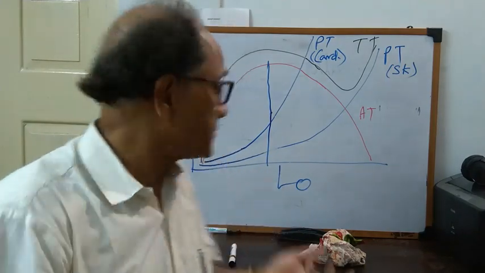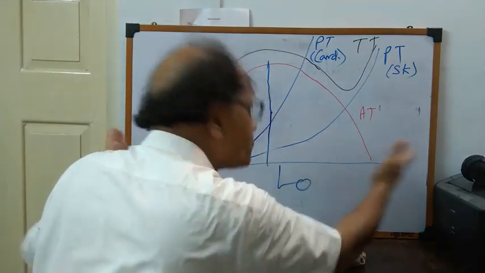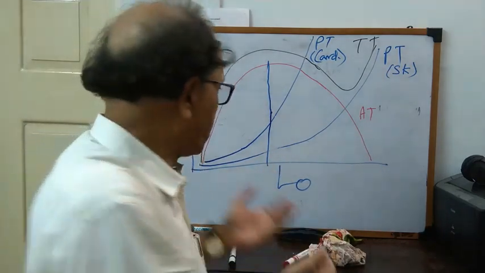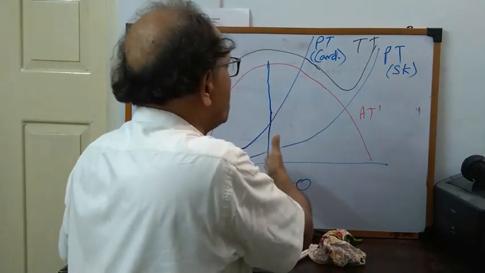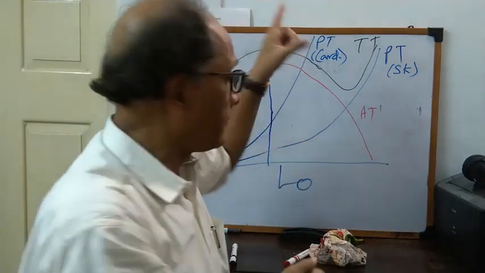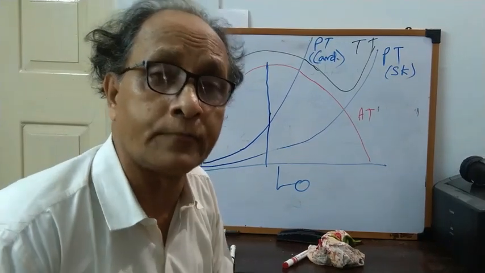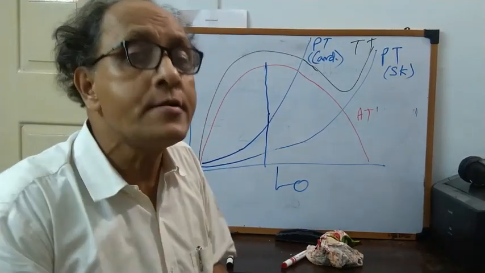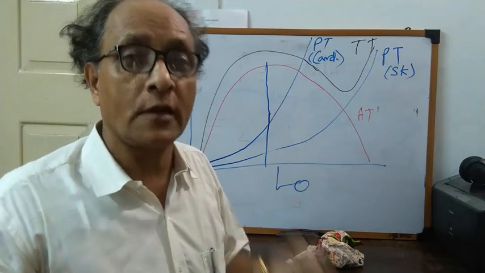Why? If I repeat that, if by any mechanism the cardiac muscle fiber tends to overstretch, the early development of an enormous amount of passive tension will prevent further stretching.